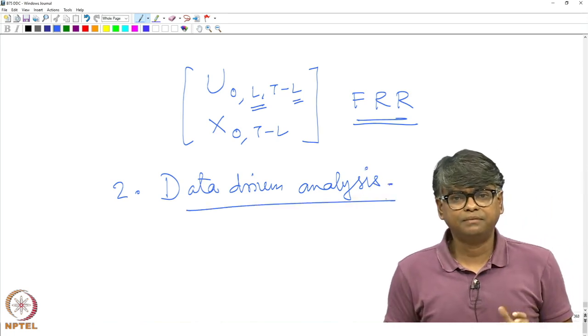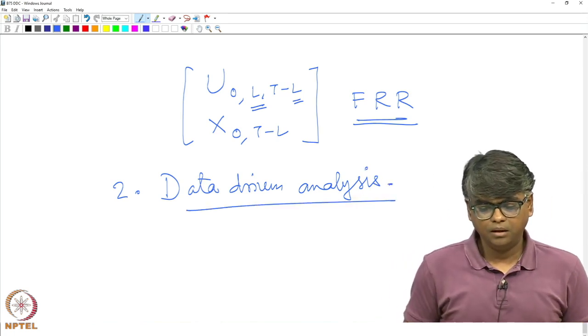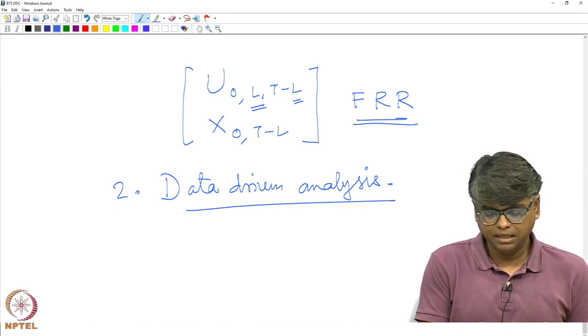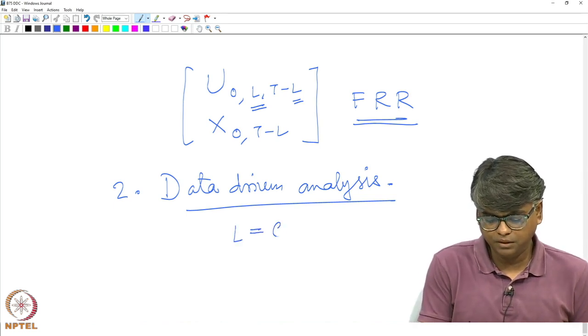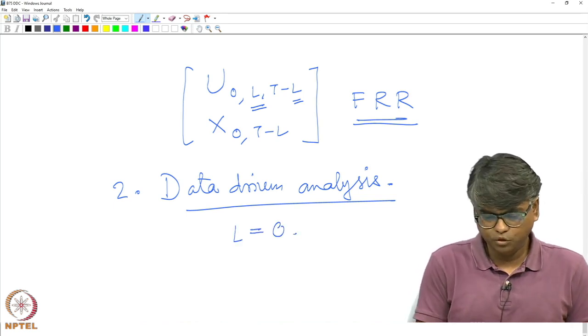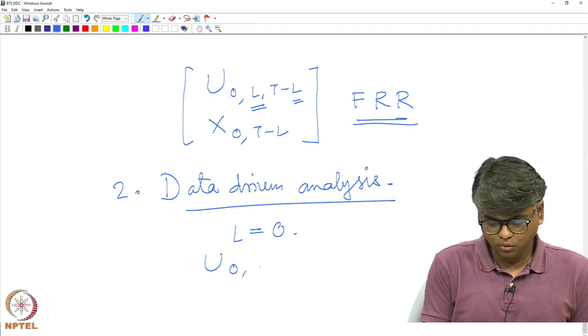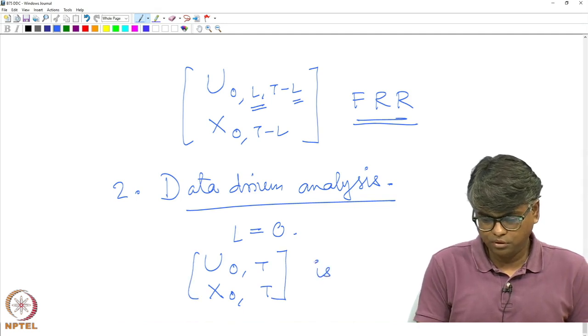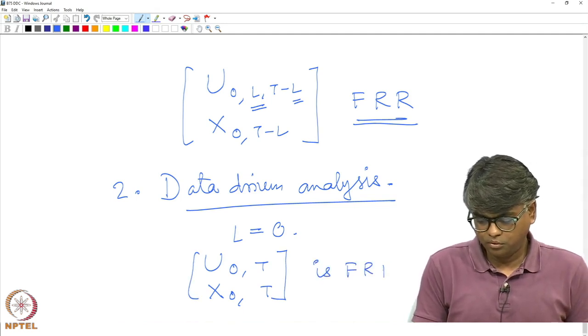What we do for data driven analysis, in particular we will see this case when L is assumed to be 0. So, we assume that U 0 t and x 0 t, this matrix is full row rank.